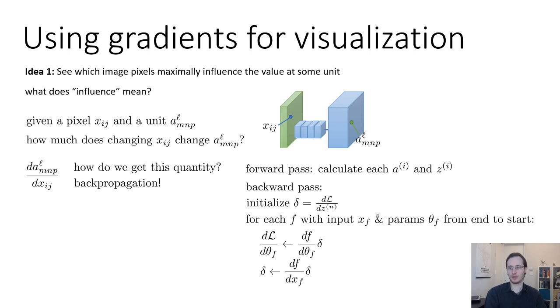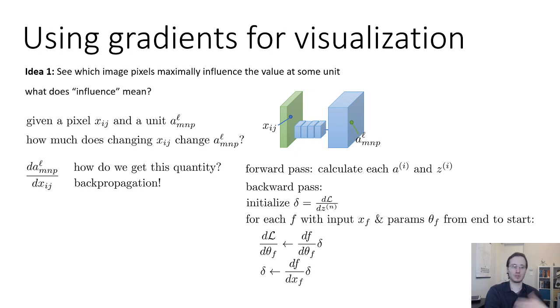So here is the pseudocode for backpropagation that we saw before. You have a forward pass where you calculate all the activations in your neural network, and then you have a backward pass where you initialize delta to be the derivative of your loss with respect to the last layer activations. Then for each layer from the end to the start, you compute the derivative with respect to the parameters at that layer, and we're not going to care about that because for now we don't care about parameters.